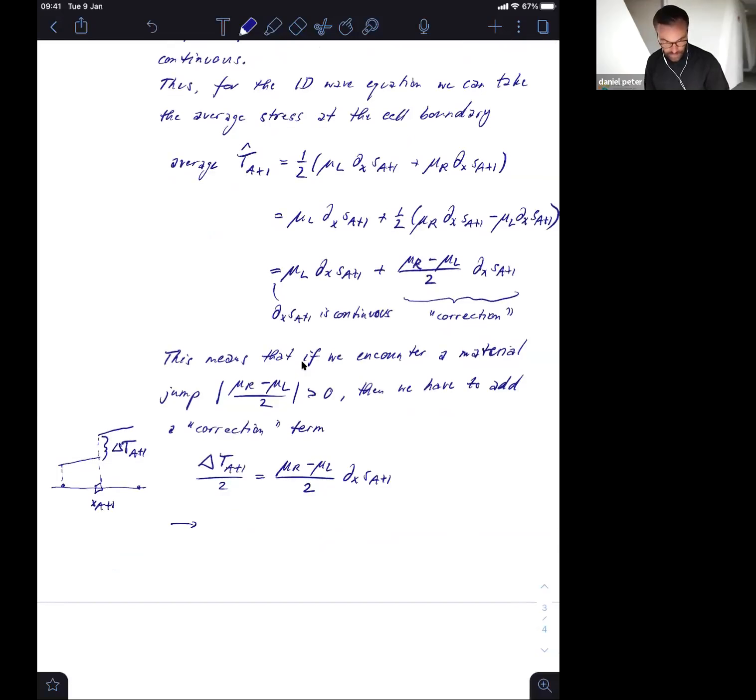So the average stress would be the stress from the left-hand side, from our reference cell, plus these corrections that we would apply to it. So this is just the stress at a plus 1 coming from the left-hand side, or from our reference cell.